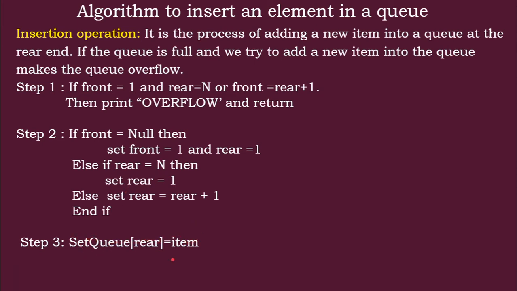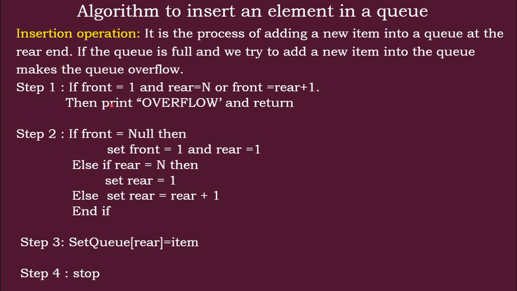The item is the new entry you want to add, and it is moved through the rear end of the queue by the function set Q. So this will insert the element into the queue through the rear end, and this algorithm stops. So these are the steps for the insertion operation.